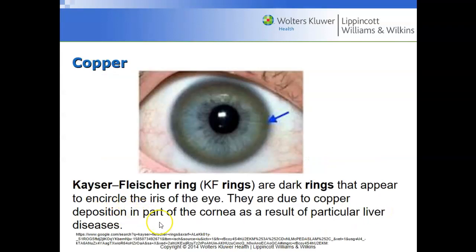So these Kaiser-Fleischer rings, here's the address where I found the picture, and this information came straight from Wikipedia. But Kaiser-Fleischer rings are the dark rings that appear to encircle the iris of the eye due to copper deposits in that part of the cornea. So it's this dark, coppery ring around the outside of the iris.